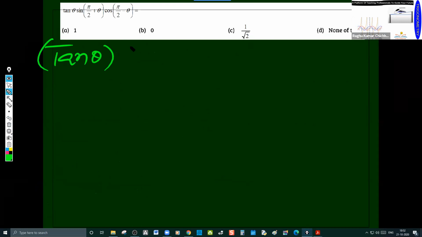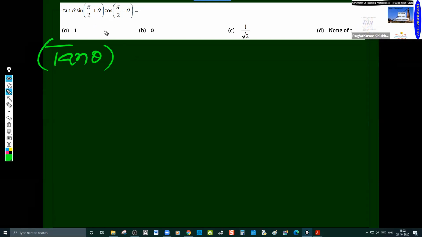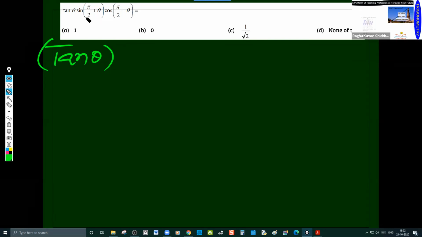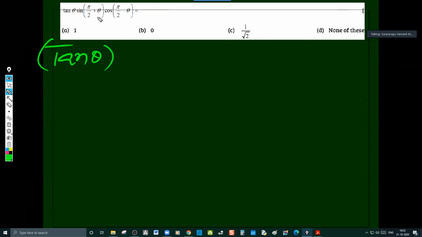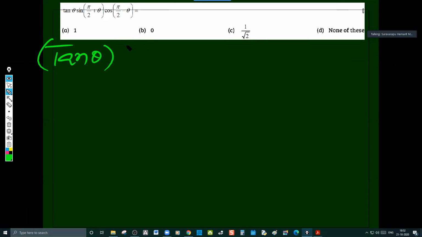Sine of pi by 2 plus theta. It is in the second quadrant. That's a positive sign.